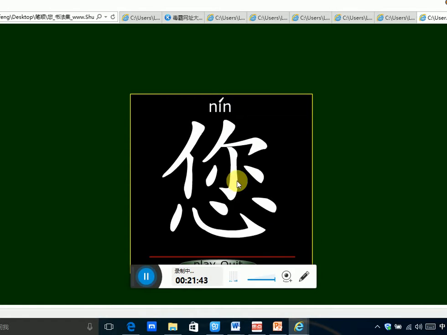Just makes it easier for you to remember. Okay, we can see this component is like ni, and we got that xin component, which means heart.